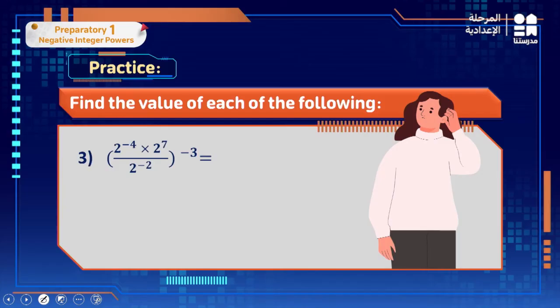Here, I can write 2, and here this negative 4 and 7, we need to add them. And what about negative 2 here? Keep it as it is right now. Okay, so it is 2 to the power of negative 4 plus 7.